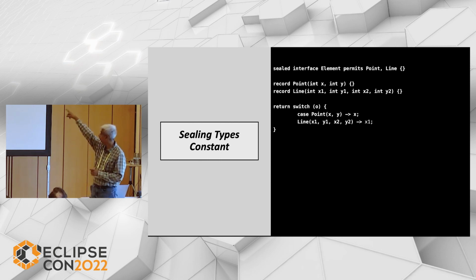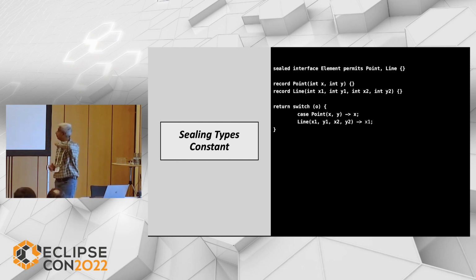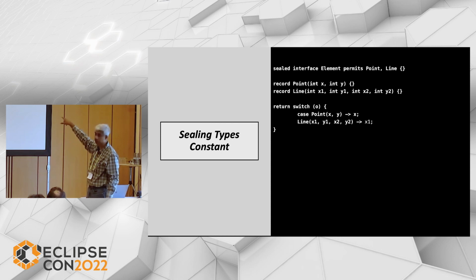So here, for example, I have a sealed interface Element, and I seal it by permitting only Point and Line to extend this interface. And then we have a record Point and a record Line. I forgot to add that both Point and Line should also implement Element. That's my mistake.